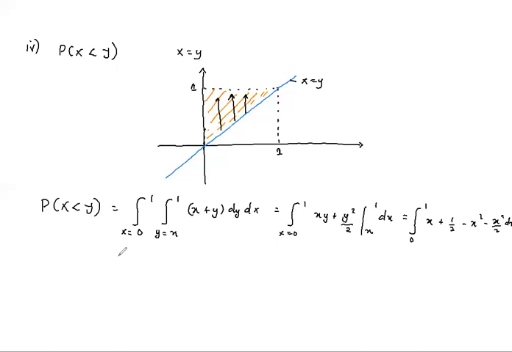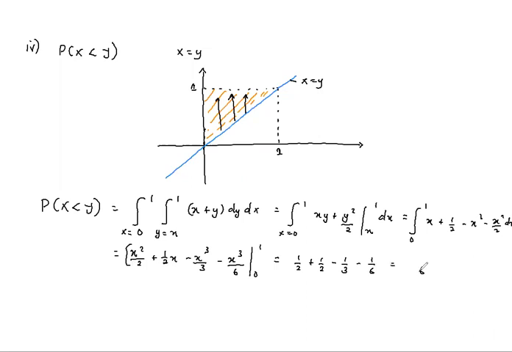So when we integrate it, we have x squared over 2 plus half x minus x cubed over 3 minus x cubed over 6. So this is coming from 0 to 1. So we have 1 over 2 plus 1 over 2 minus 1 over 3 minus 1 over 6.